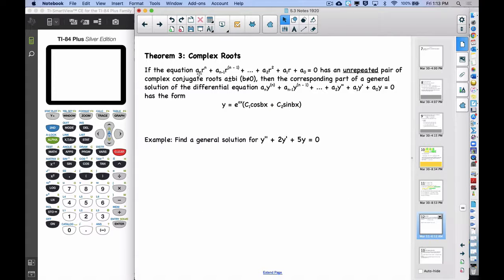The theorem says, if the equation that we get from our constant coefficient differential equation has an unrepeated pair of complex conjugate roots, we'll talk repeated in a second, but this theorem is an unrepeated pair of complex conjugate roots, then the corresponding parts of a general solution of this differential equation, for the complex part, it's just e to the ax, e to the real part, times x, and then in parentheses, c1 cosine bx plus c2 sine bx.